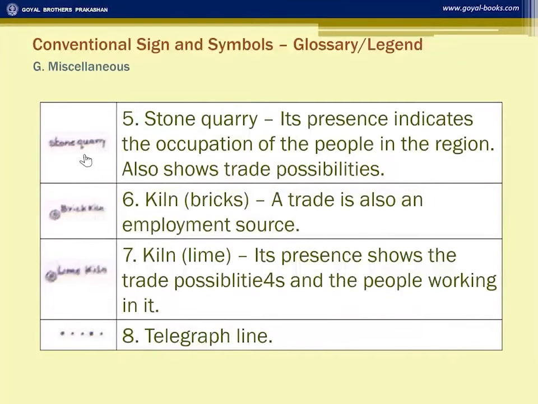On the survey sheet, if you see a stone quarry, brick kiln, or lime kiln, then you can infer the occupation by saying that people are working in a stone quarry, brick kiln, or lime kiln. The telegraph line is generally shown with a square and a dot.